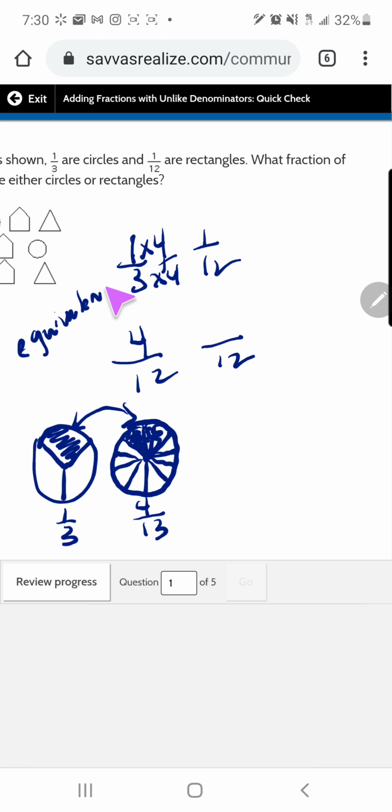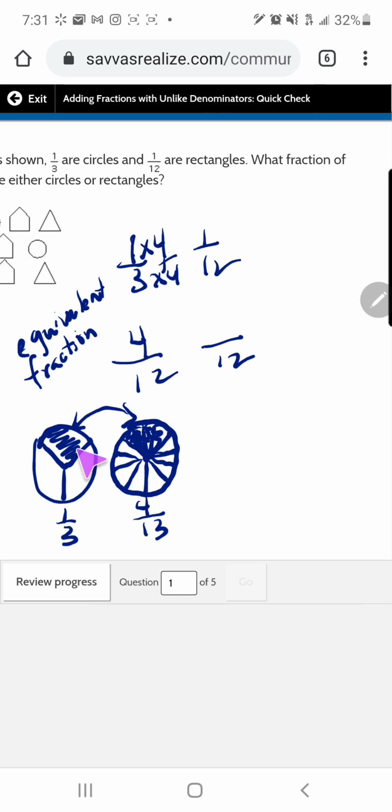Well, why do we have to do that, Mr. Calzada? Well, the reason why you have to do that is because there is no way in the world that you can add 1/3 to 1/12 without trying to find the same area using a common denominator or multiple. It's a lot easier to add fractions with common denominators, 12 and 12, than it is to add 3 and 12.